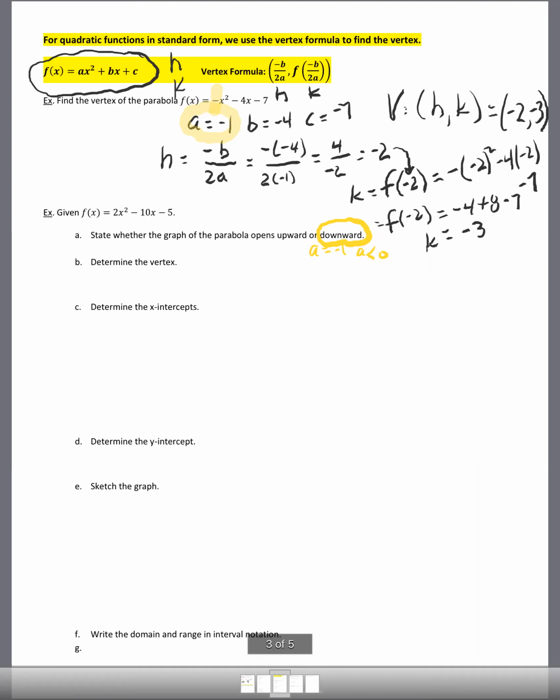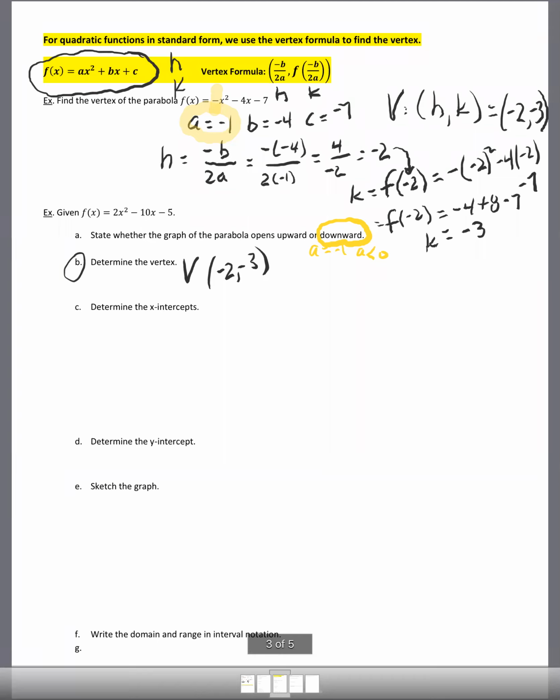The vertex we just identified, I didn't write it in the correct place, it doesn't look like. So the vertex here is -2, -3. Remember, once you find the vertex, you can immediately, it doesn't look like it printed for some reason.